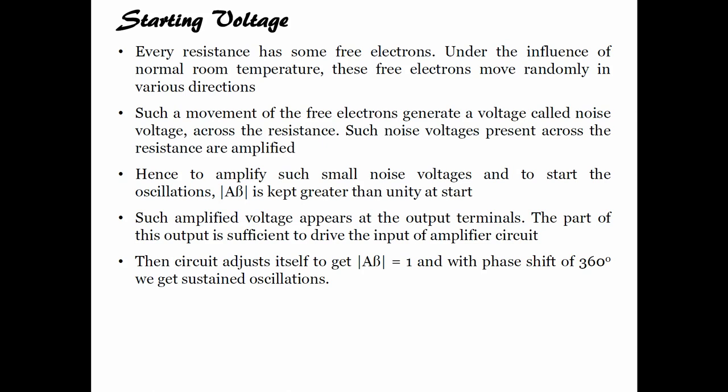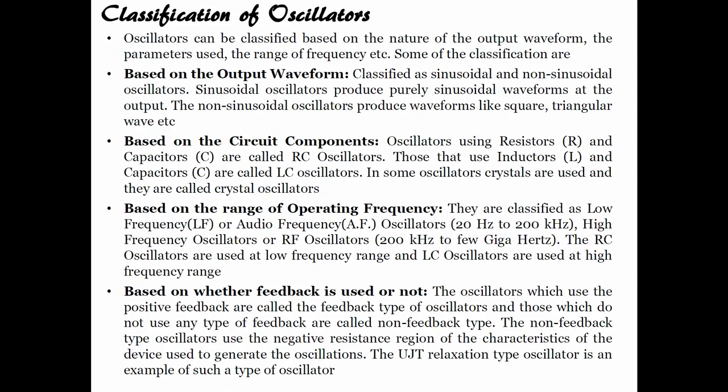Hence, to amplify such small noise voltages, we need to keep the magnitude of A beta slightly greater than 1, or slightly greater than unity. Then once we have these oscillations, we can keep A beta equal to 1 and phase shift 360 degree to have sustained oscillations. This is the starting of the oscillator.